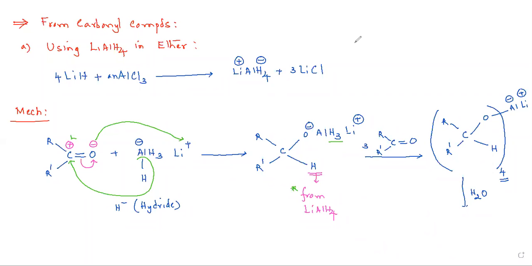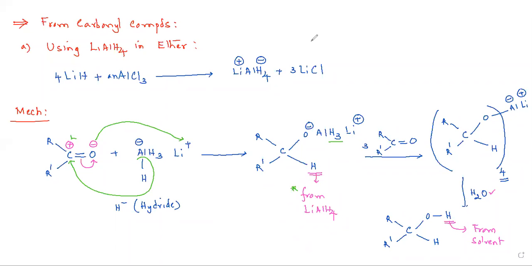Now when this is subjected to hydrolysis, we get R, C, R dash, then this H, again this H. But remember, this hydrogen is from the solvent, water, what we have taken.